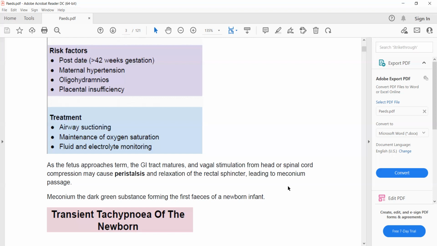And if there is meconium stained amniotic fluid in a baby who is presented to you with shortness of breath or tachypnea or grunting, then your diagnosis will be meconium aspiration syndrome. The treatment of respiratory distress syndrome is surfactant replacement, while the treatment of meconium aspiration syndrome is airway suctioning.